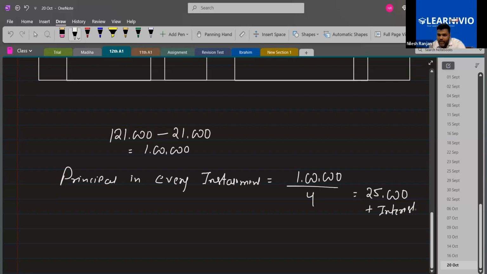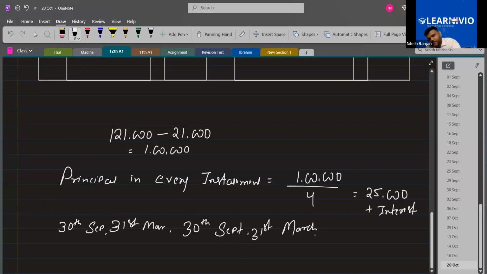So interest we have to calculate every time. Now, the first installment will be paid on 30th September, then 31st March, then again 30th September, and then 31st March.